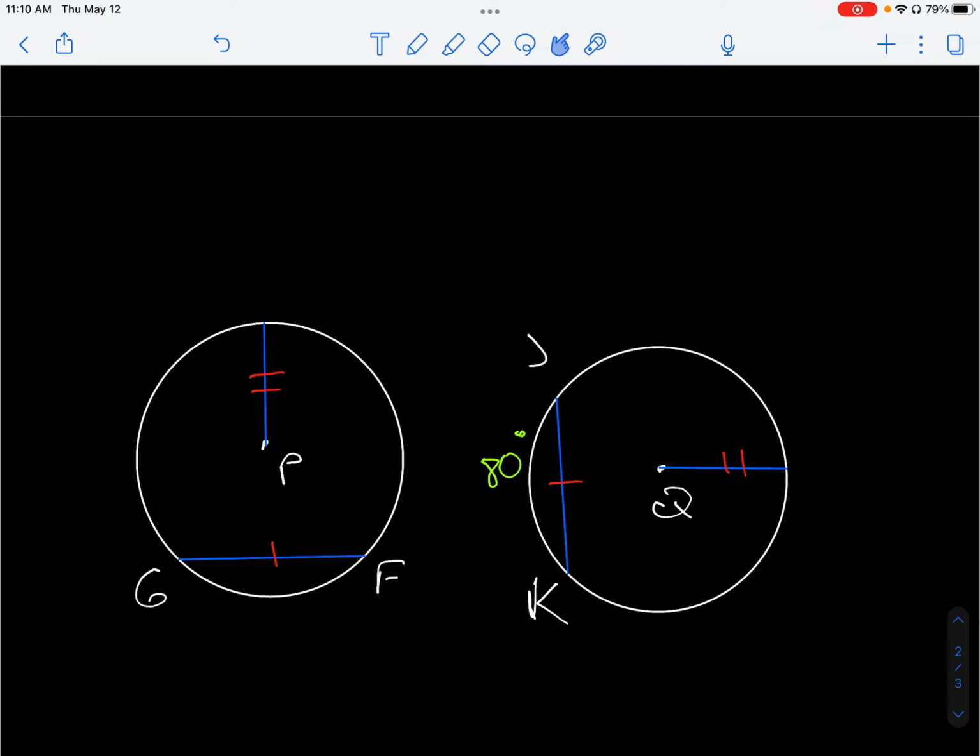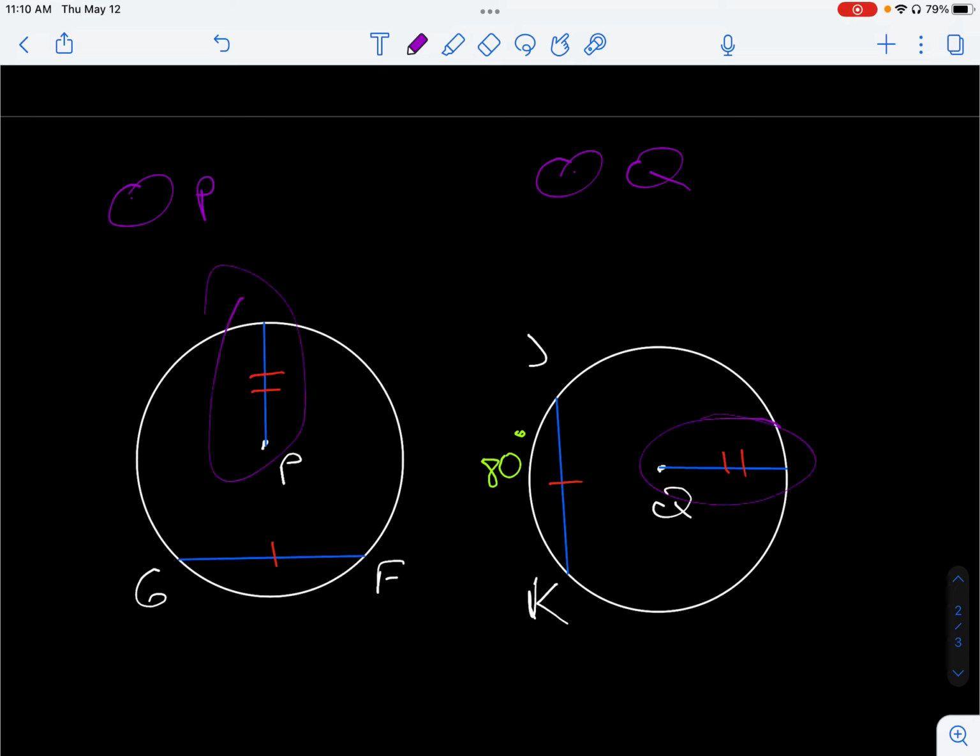Here we have circle P and circle Q. And as we can see right here, the radius for each circle is congruent. Here we have segment GF, which is congruent to segment JK.